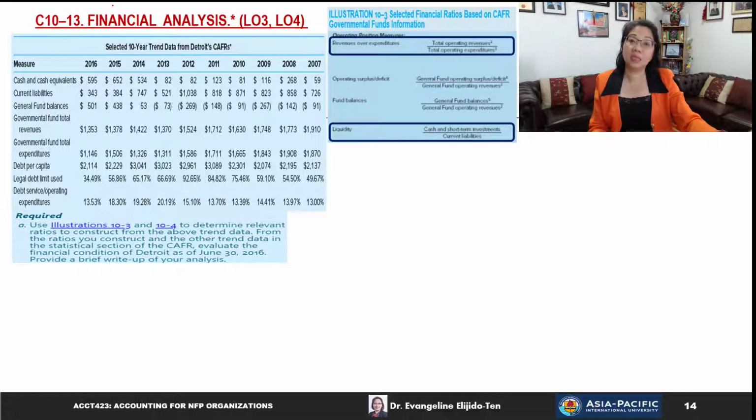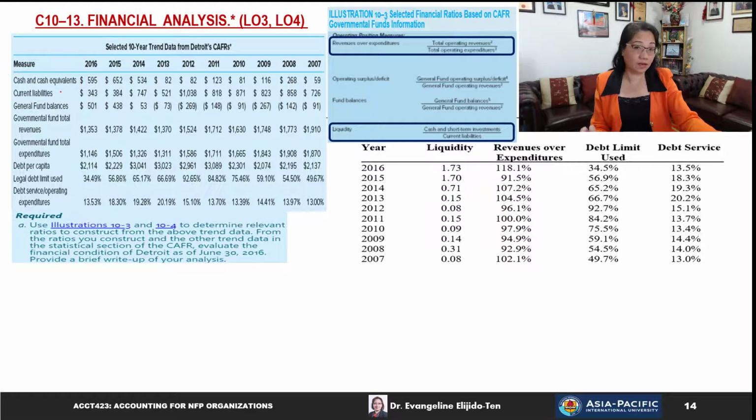The calculation of these ratios is actually provided in the data they have given us, so we don't even have to go to the CAFR. For liquidity, the formula is simply cash and short-term investments divided by current liabilities, and these are given for each of the 10 years, 2007 to 2016.